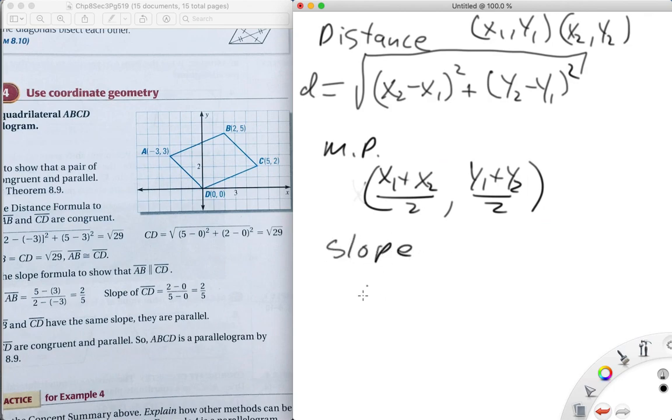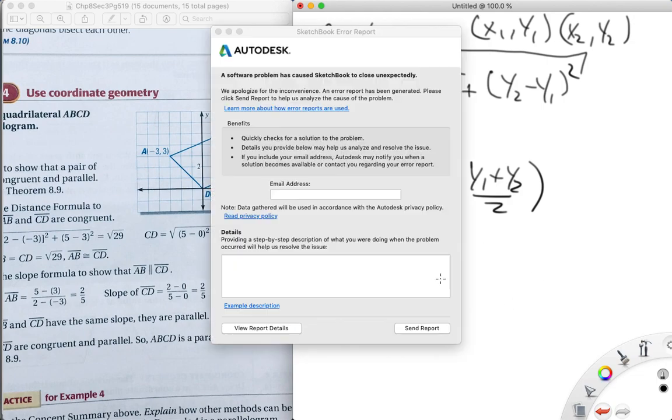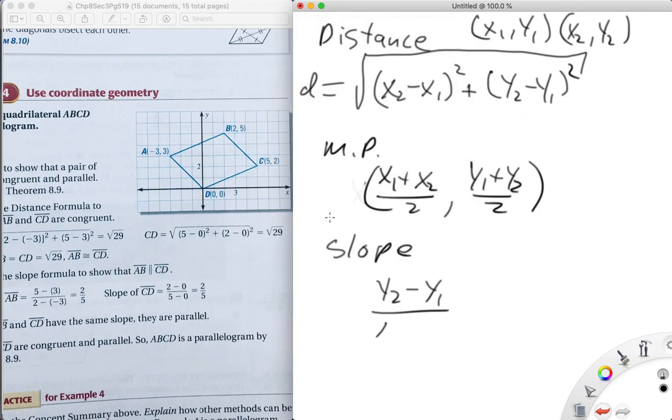Slope is rise over run, y2 minus y1 over x2 minus x1.